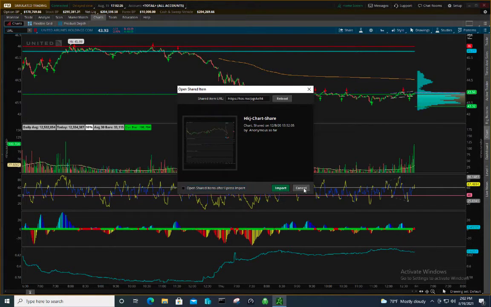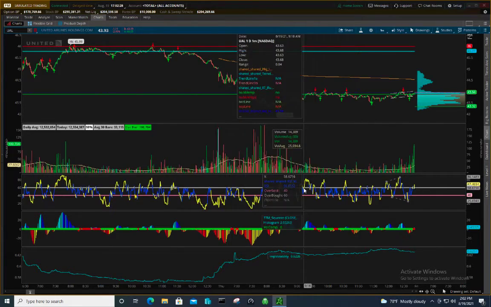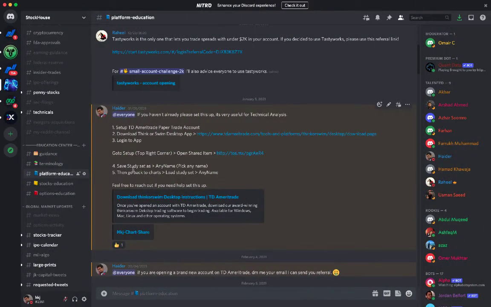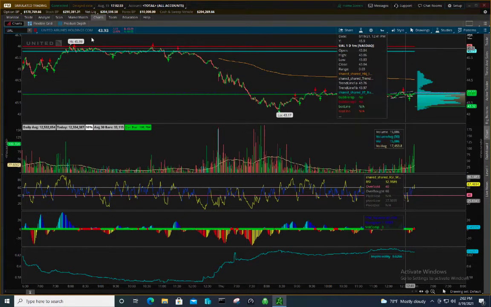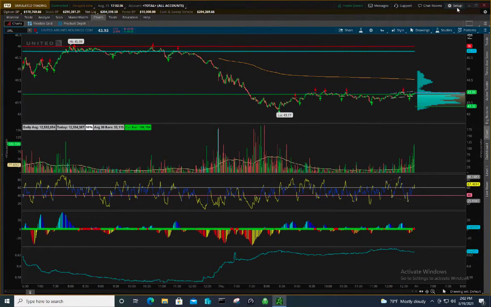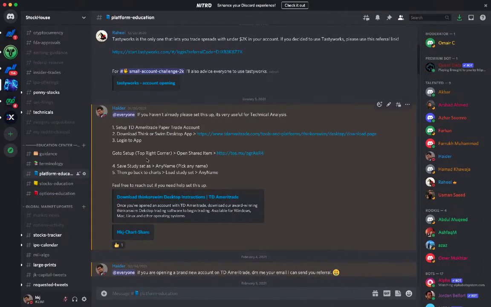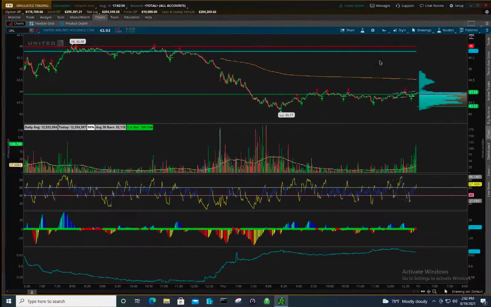I can import it. Once imported, then I can save this study, save it as, and once I save it, then I come back to this chart section and I do open shared item, save study set as, and then go back to study and then pick it up.